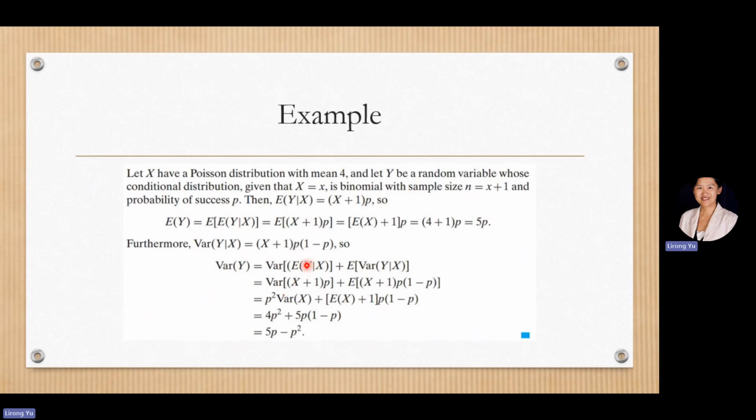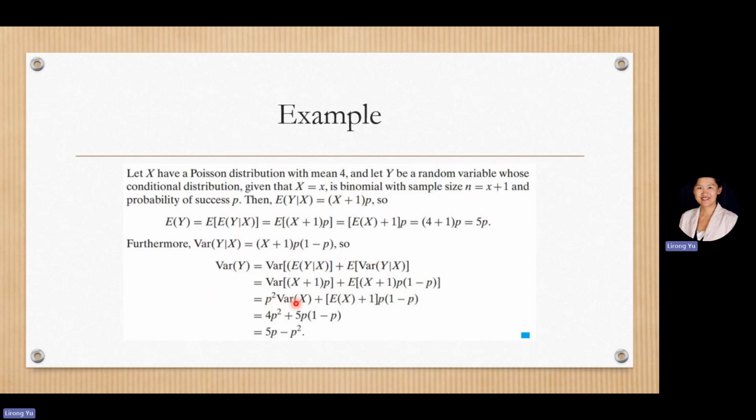The conditional expectation we already know equals (X plus 1) times p, so we find the variance of this. And then the conditional variance is npq. All we have to do is take the expectation. E of X we already have, so that's (5 plus 1) times p times (1 minus p).